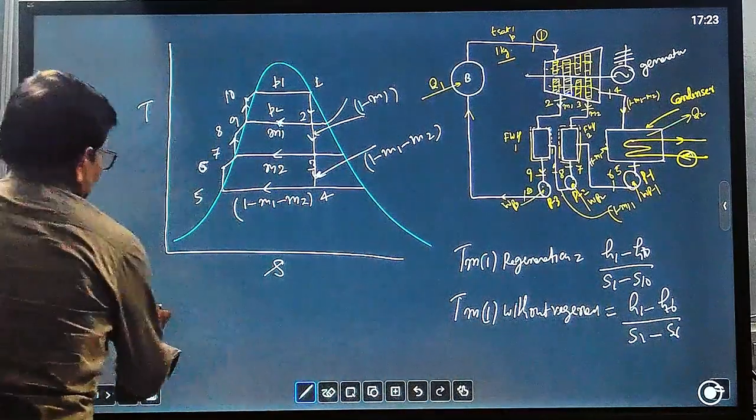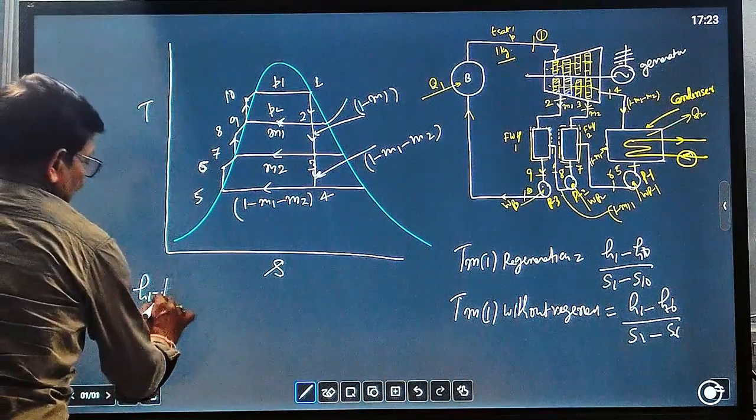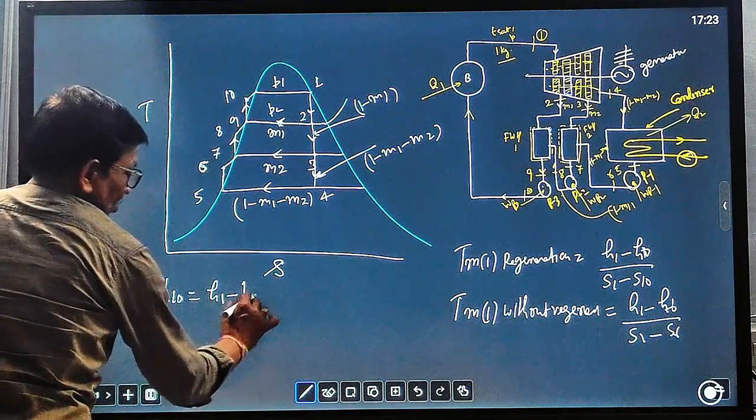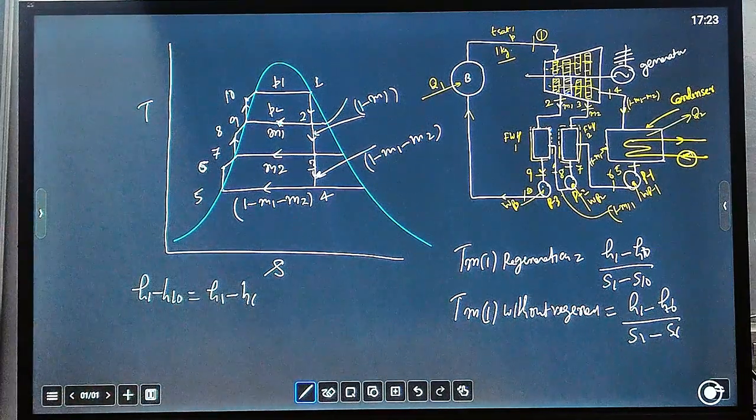Here you know that H1 minus H10 equals H1 minus H6. The quantity of heat added in the boiler is the same.